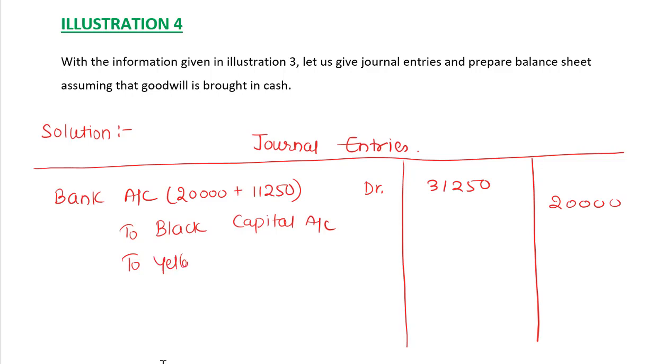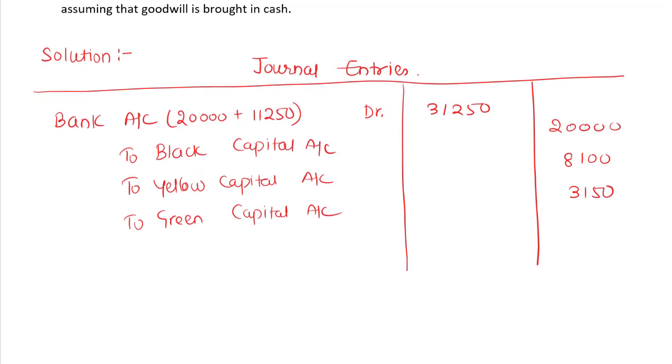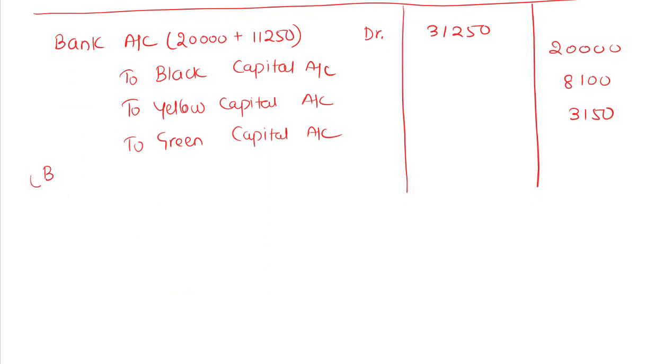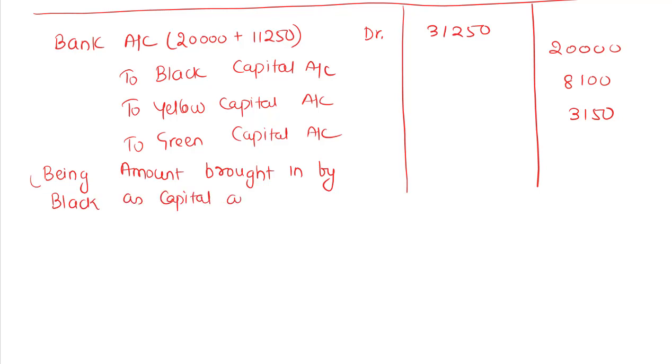So to Yellow's capital account 8,100, to Green's capital account 3,150. Being amount brought in by Black as capital and as goodwill.